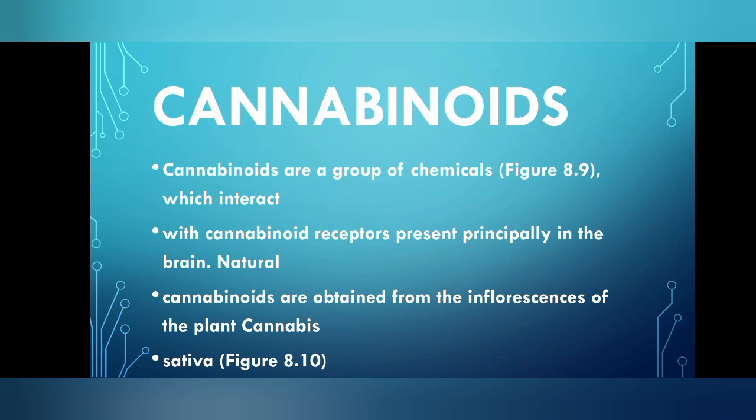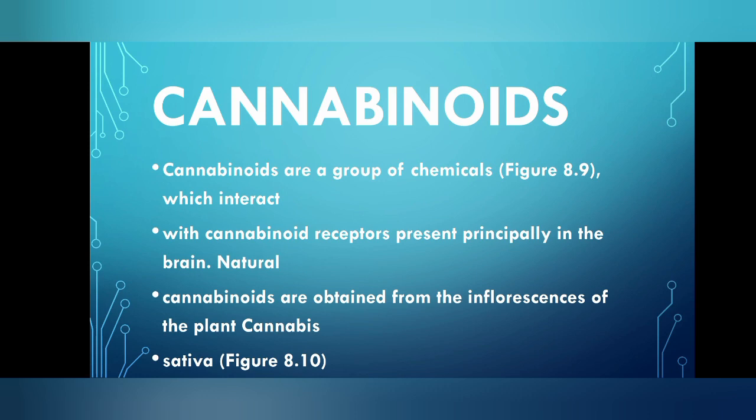We all know that there are so many drugs, but today we talk about only two drugs, that is cannabinoids and cocaine. First we discuss cannabinoids. Cannabinoids are a group of chemicals which interact with cannabinoid receptors present principally in the brain.